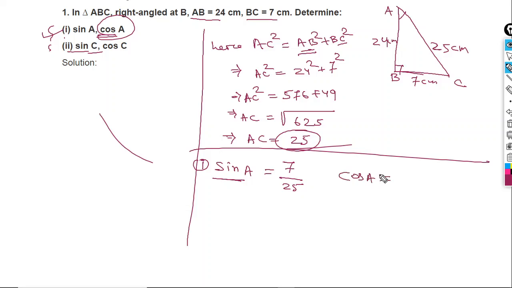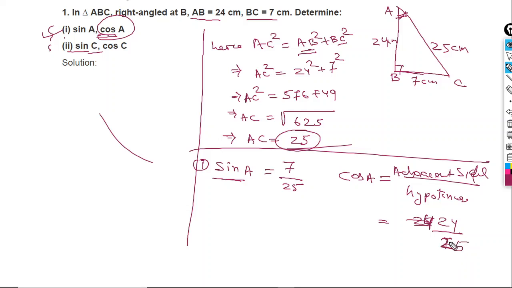Cos A is equal to, you know the formula, adjacent side divided by hypotenuse. You can write the formula also, adjacent side divided by hypotenuse, which is equal to the adjacent side of angle A, which is 24, divided by 25.